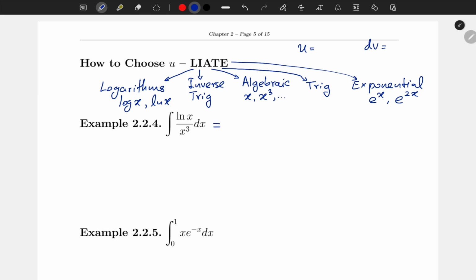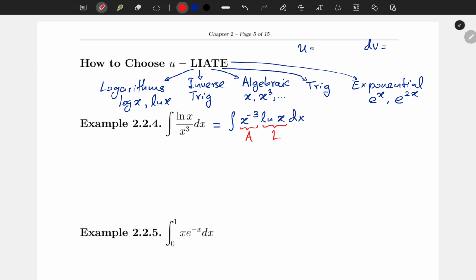Now, it's not a product of two things, it's a quotient of two things, but I can rewrite it as a product of two functions. 1 over x cubed becomes x to the negative 3 ln x dx. Now, x to the negative 3 can be thought of as an algebraic function, ln x as a logarithmic function.